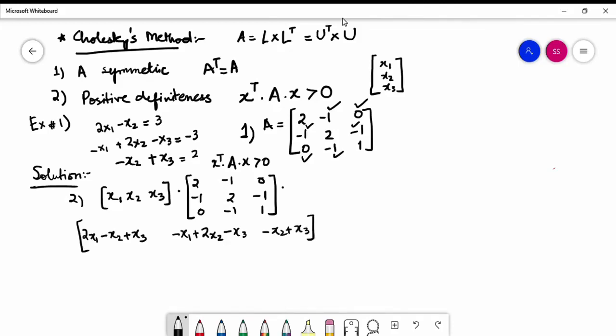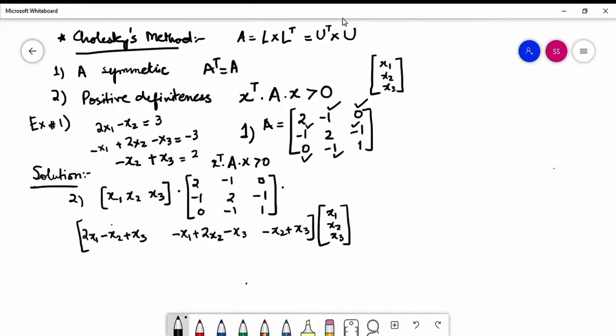Then I multiply by x, where the x vector is x1, x2 and x3. So this is 1 cross 3 order, and this is 3 cross 1 order, so the result will be 1 cross 1 order. So that is a constant.